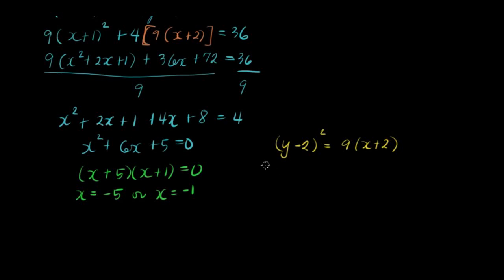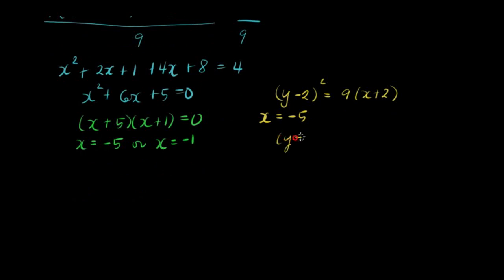So we're going to solve for y when x is negative 5. So we have y minus 2 squared is equal to 9 times negative 5 plus 2. Negative 5 plus 2 is negative 3 times 9 is negative 27.